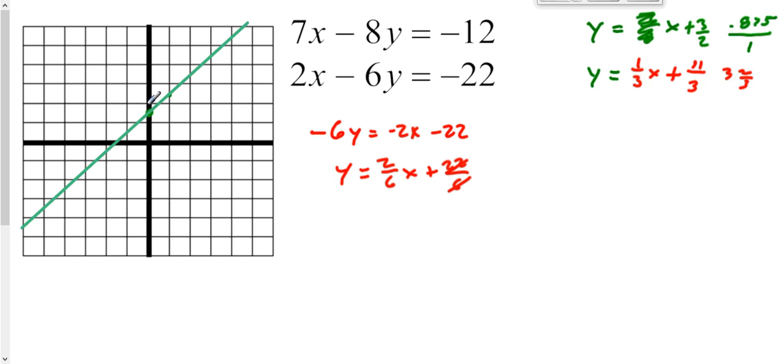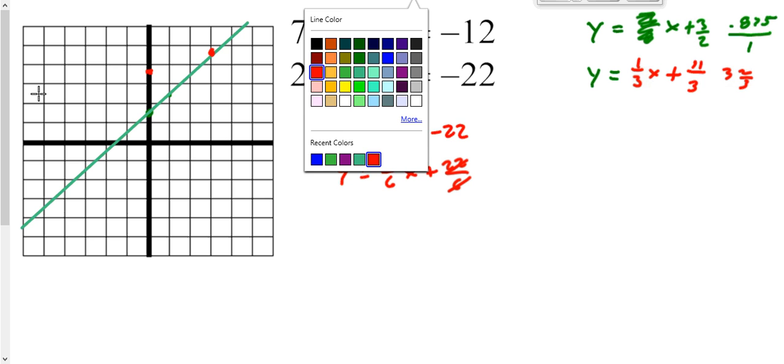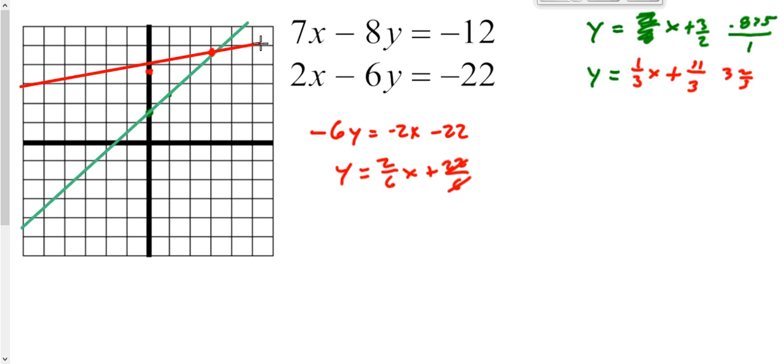So 1, 2, 3 2/3, right about there. We can go up 1 over 3. So it looks like these two lines basically cross right there.